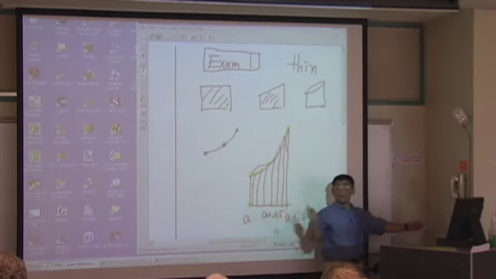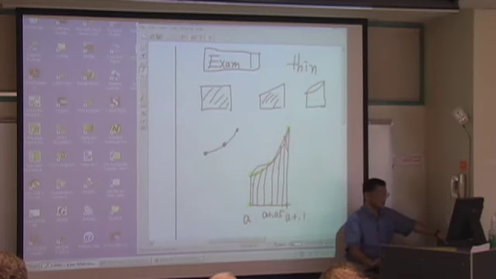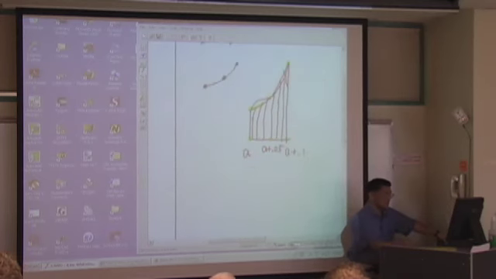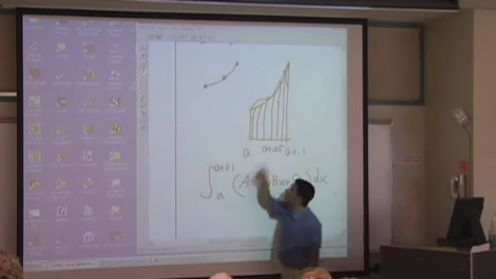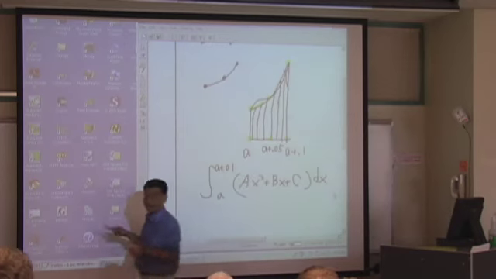Do you follow me? Then after breaking up, we integrate this function from a to a plus 0.1, with ax squared plus bx plus c, and then we determine the area.